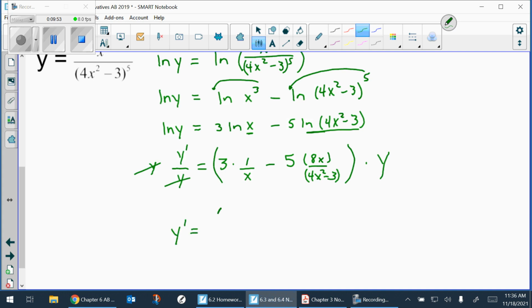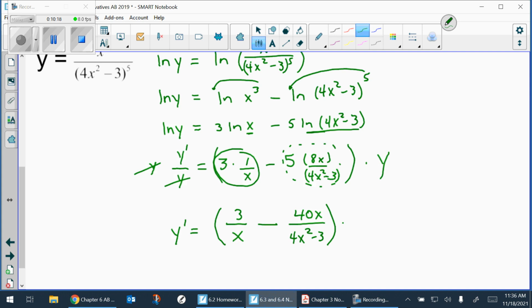Now I'm just going to clean this up a little bit. I'm going to call this thing 3 over x, minus this guy, probably call that 40x over 4x squared minus 3. And I'm very tempted to write times y.